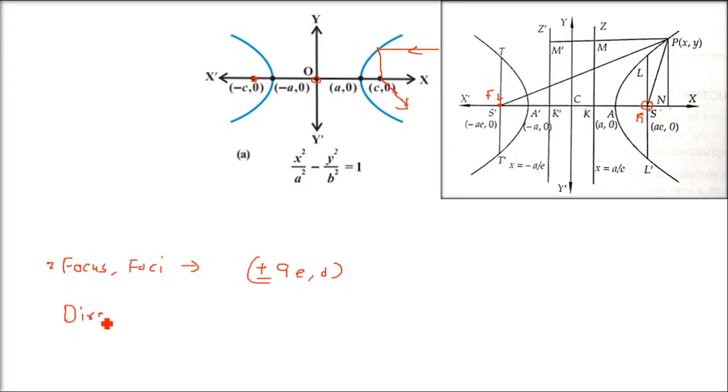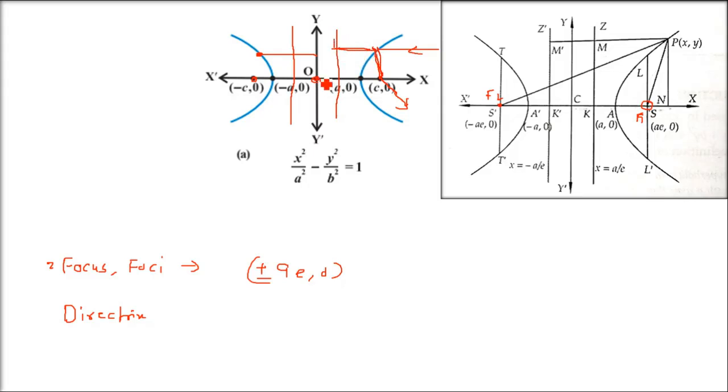And now coming to the directrix. If you remember the directrix, for any point you take, the ratio of the distance of this point from the directrix to its distance from the focus is going to be the eccentricity.